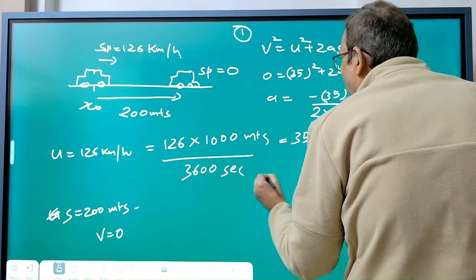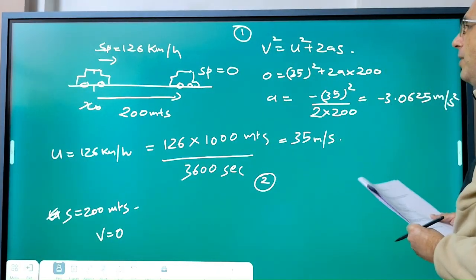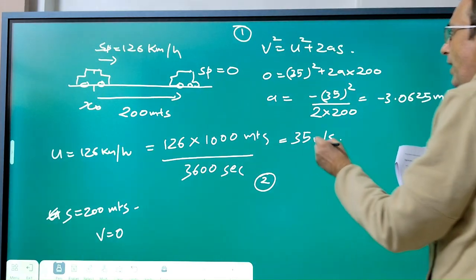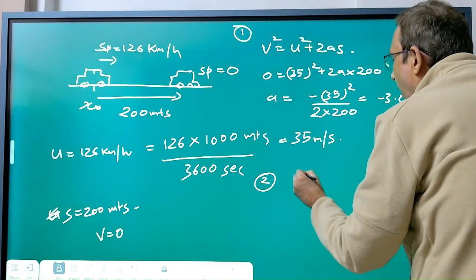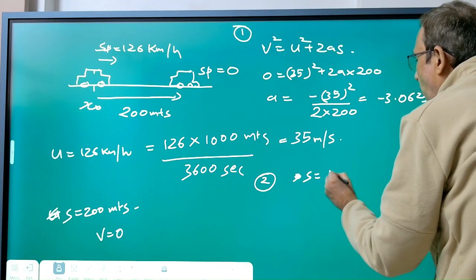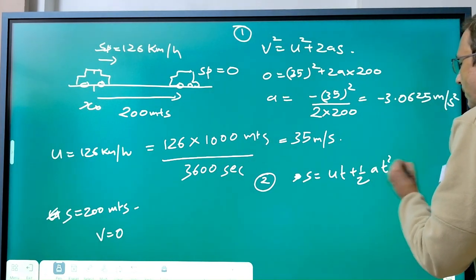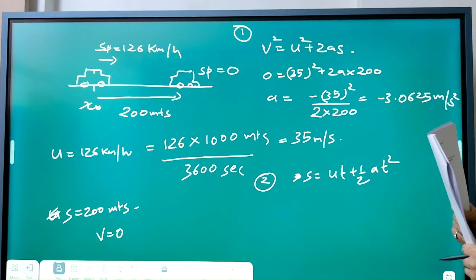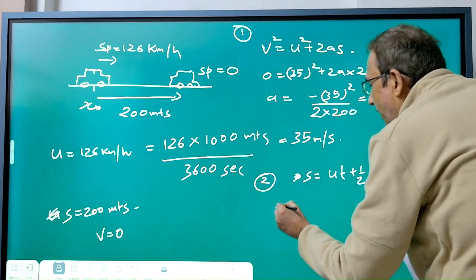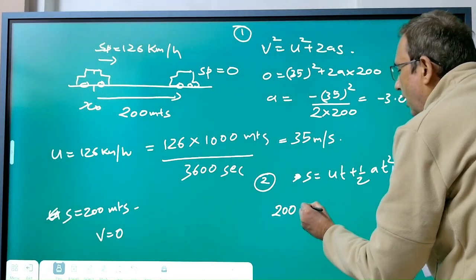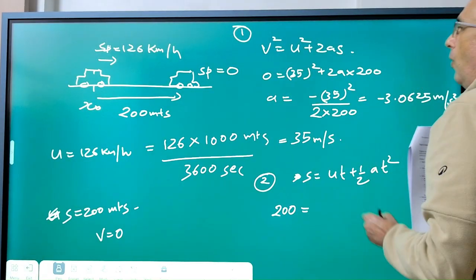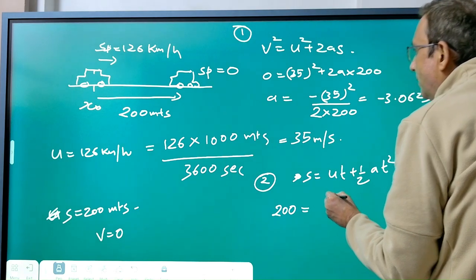Then the second part is about the time taken. So you will use this formula: s is equal to ut plus half at square. s is given to be 200 meters, the total displacement. u was, of course, 35.